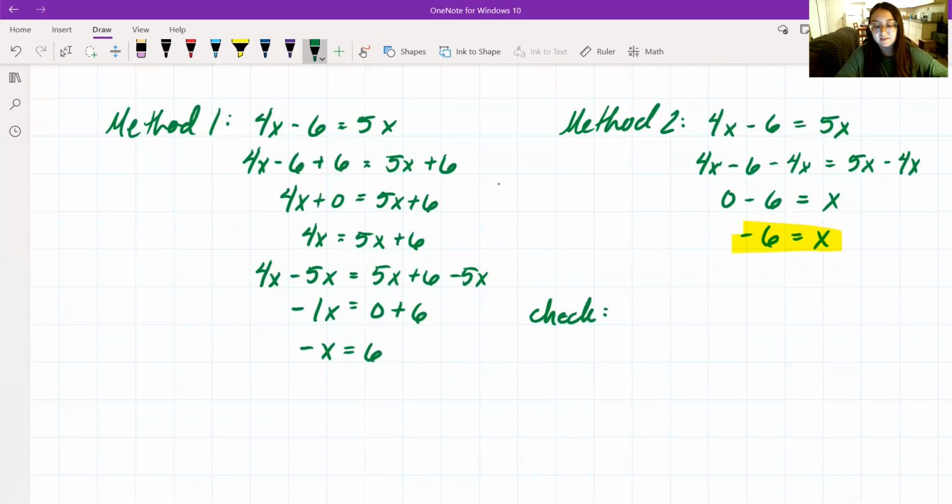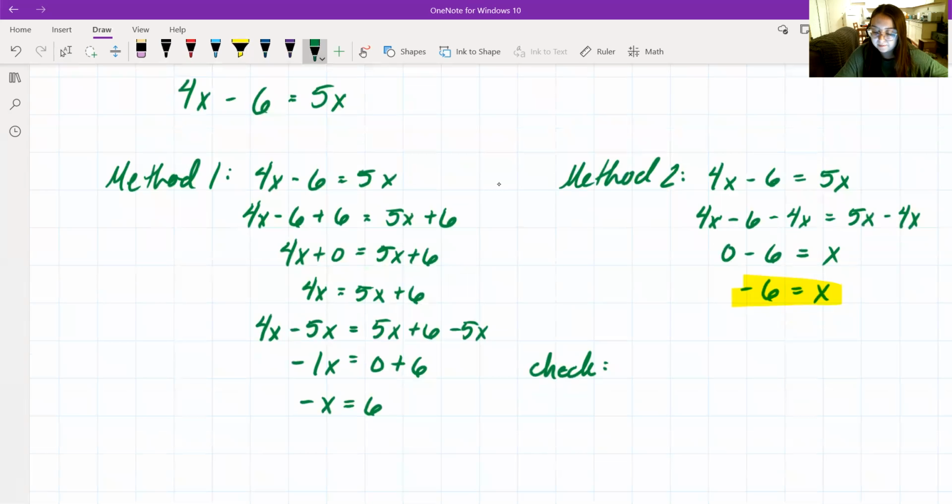We're going to be plugging negative 6 into our original equation. So we're going to say 4 times negative 6 minus 6 is equal to 5 times negative 6. 4 times negative 6 is going to be negative 24. Minus 6 is equal to 5 times negative 6, which is negative 30.